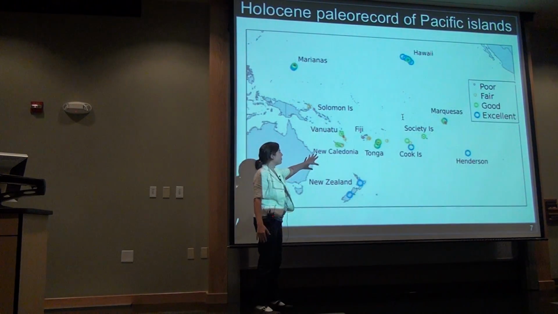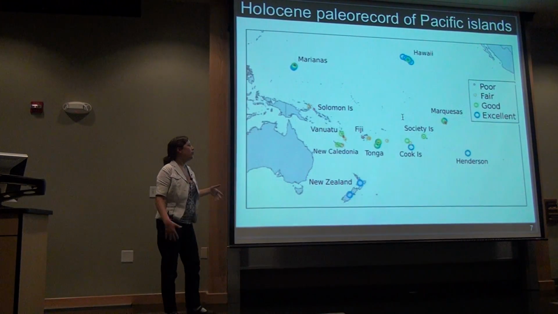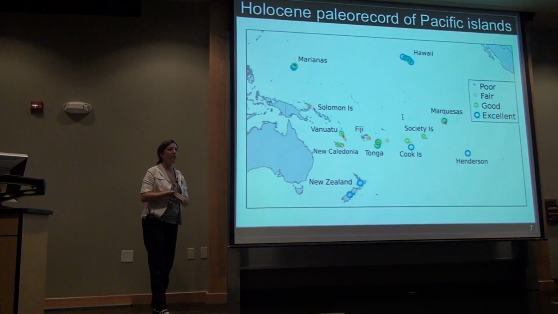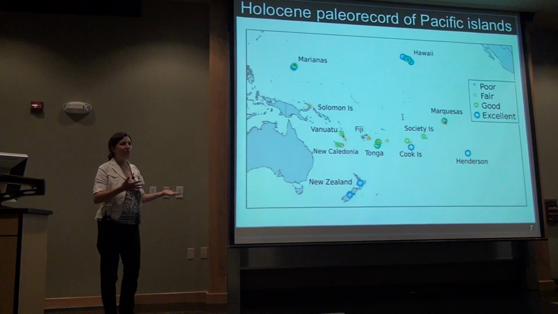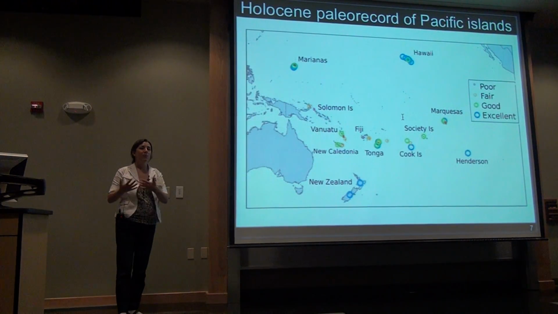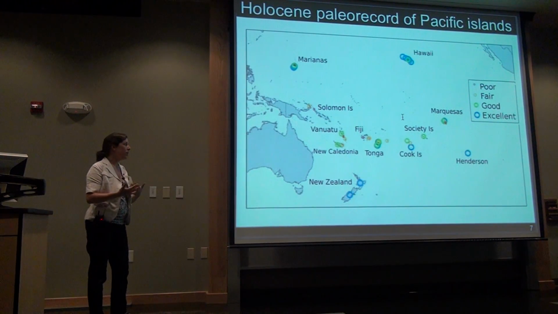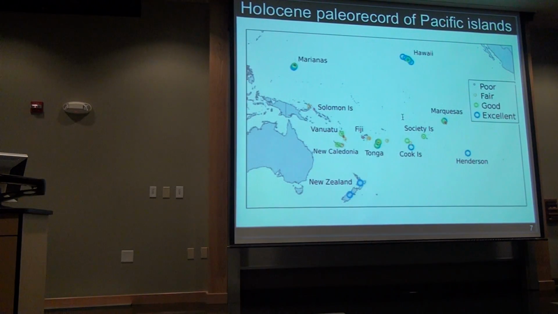Similarly, the green circles show islands that have a good fossil record, which means over 75% of living species have been recovered. So that means about 75% of whatever was alive at human colonization has shown up in the fossil record and has been recorded, and we know about it.